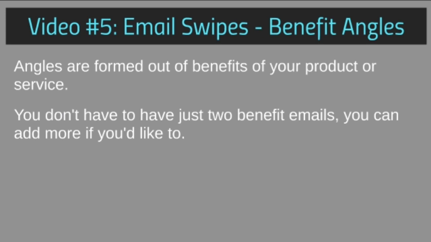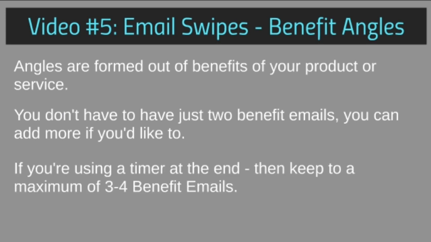And if I feel like the conversions are doing really well, I might add more, or just test it and see how things go. Now, if you're using a timer at the very end, for example, a countdown timer where you're closing the offer at the very end, I would probably try to keep it to a max of 3 to 4 benefit emails.